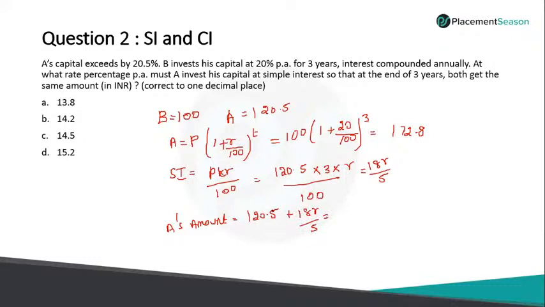A's amount and B's amount should be the same, and B's amount is already 172.8. On solving this, I'll get the rate of interest, which is 14.5%. So option C.